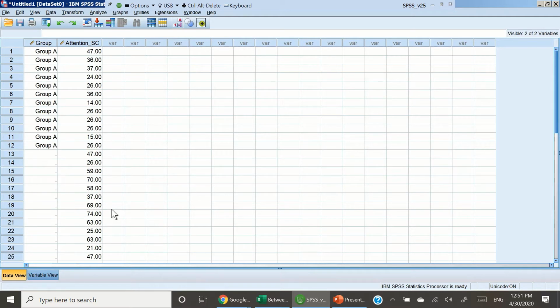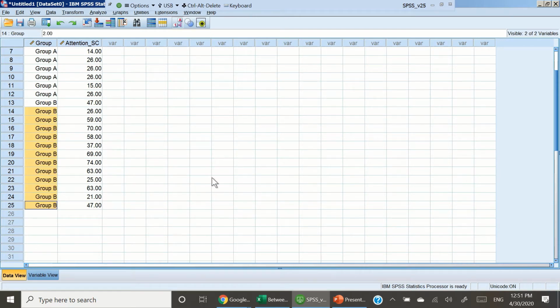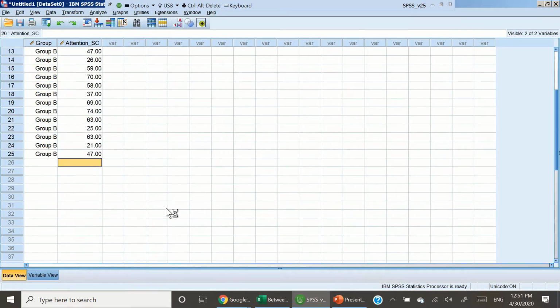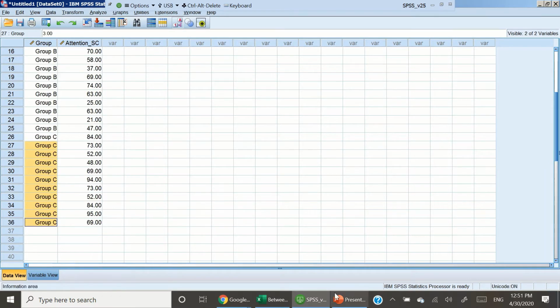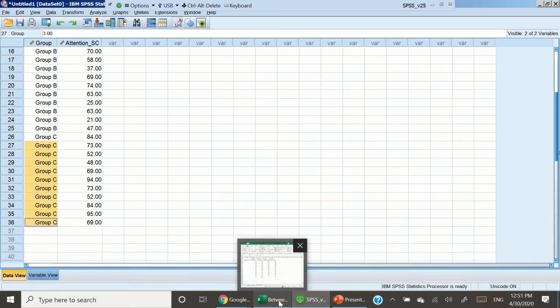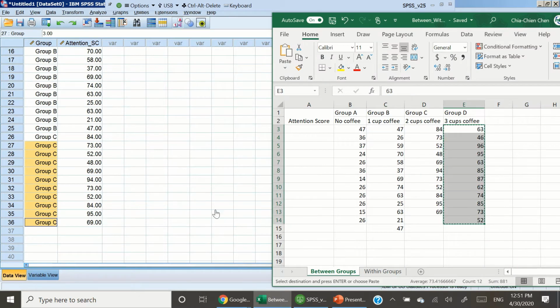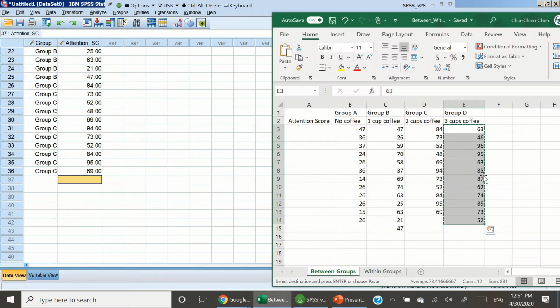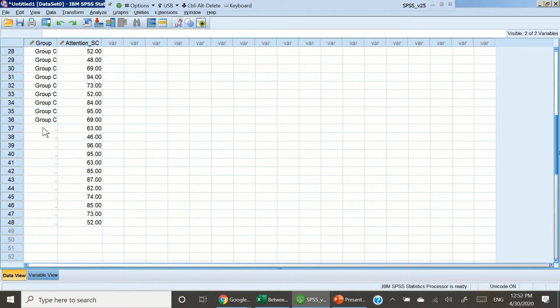That is group B, and then let's go back to our Excel for group C, which is 3, and then group D. Wait, I don't think I copied it. Copy, paste. Okay, group D.